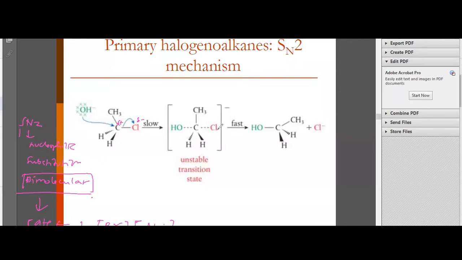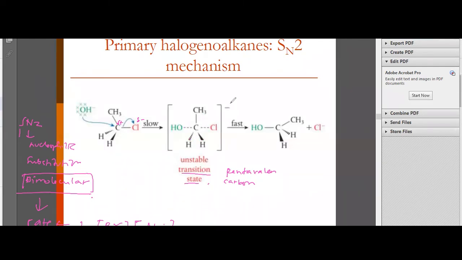Before the new bond forms and the C-X bond breaks, it creates a condition we call the transition state, which is a pentavalent carbon. In this transition state, carbon has 5 bonds. You can see here, 1, 2, 3, 4, 5. That's why it is called a pentavalent carbon.